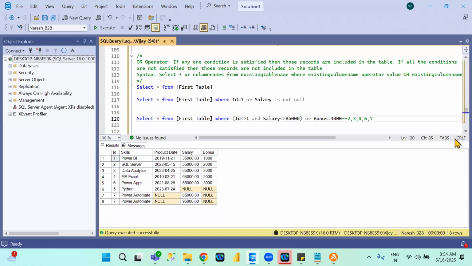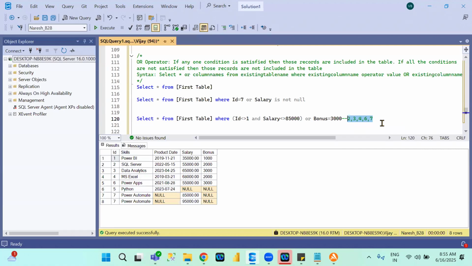Understand or not? And 3000 related, how many records are satisfied? 3 and 6. Are 3 and 6 already included in this one or not? Then what records are displayed? First condition is satisfied, these two. Second condition is satisfied, 3 and 6. That means in the OR operator, all the records need to be included. Then what records are displayed? 2, 3, 4, 6, 7.